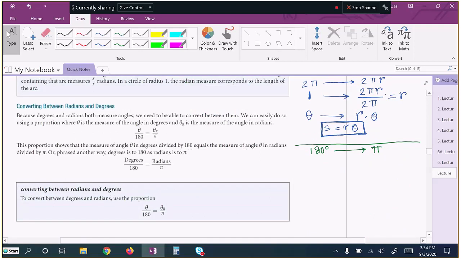Okay. So 1 degree will stand for pi over 180 radians. And then theta degree should stand for pi times theta over 180.